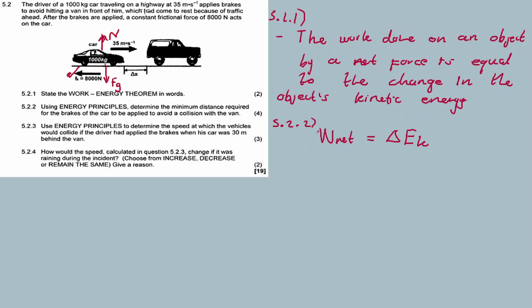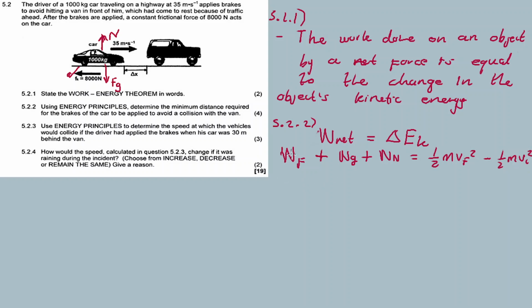The net work done is the sum of the work done by each of the individual forces. So the work done by the frictional force, plus the work done by the gravitational force, plus the work done by the normal force, is equal to 1/2 m v final squared minus 1/2 m v initial squared.